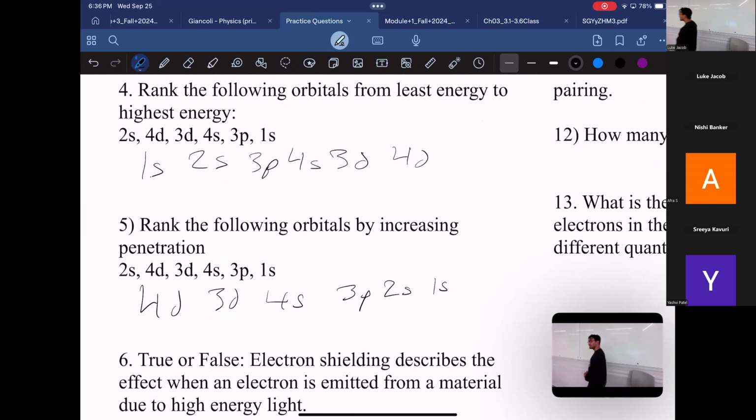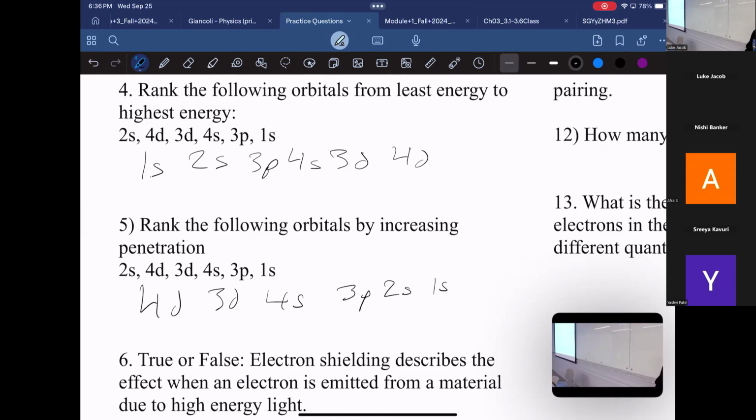Why would 3D be before 4S? Great question. For 4S, if you look at the way the energy levels work, 4S has a lower energy than 3D. So it's based on energy, not on the slide, where it said it's based on energy level and then inside it was SPDF.